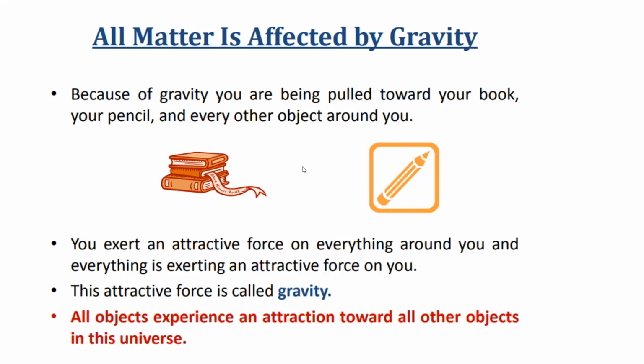This attractive force, from you to the other things, or from you to the Earth, we call gravity. So the attractive force that makes the apple go down to the Earth, or the book when it falls down on the Earth, or you while you are walking on the Earth and not flying, is because of gravity, which is the attractive force.